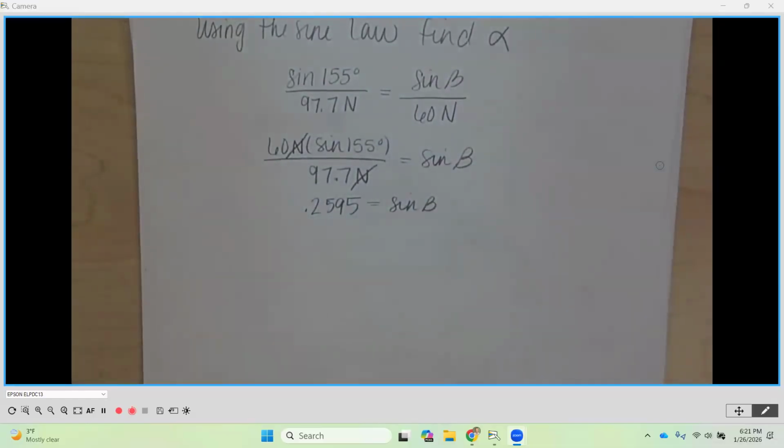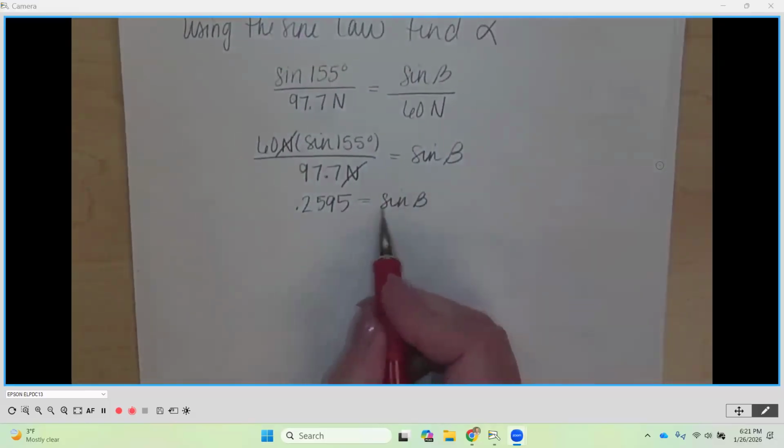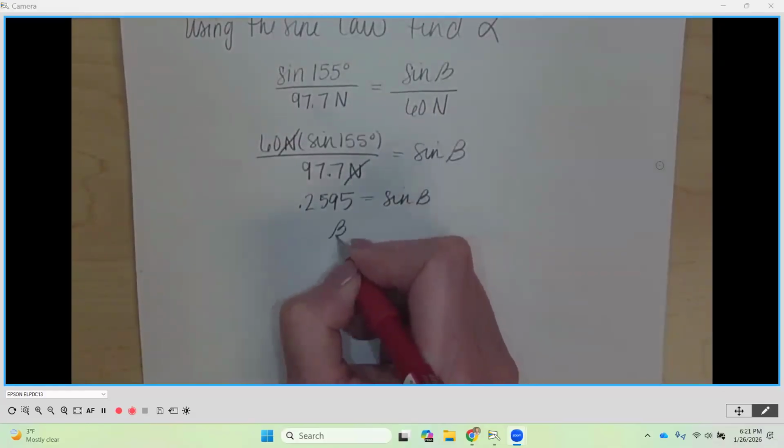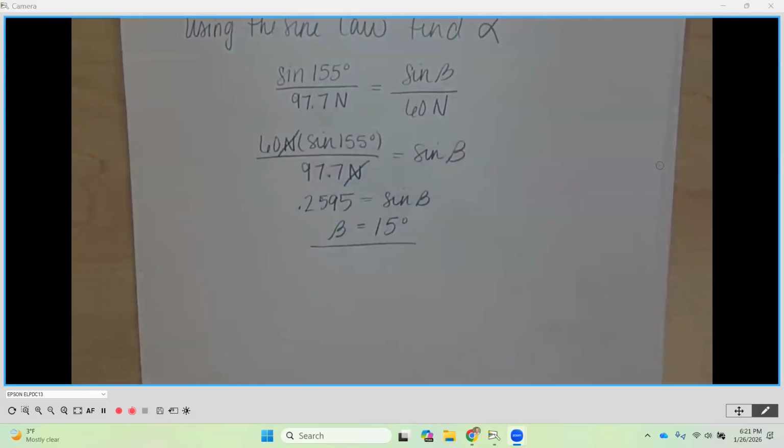Now, I'm putting this in baby steps just to be sure we're all getting the same numbers. You don't have to necessarily write this, but I want to see this. So now sine beta, you should get beta equal to 15 degrees. Okay, that's not a final answer yet, but that's the little one inside our triangle. Okay, everybody get 15 degrees?